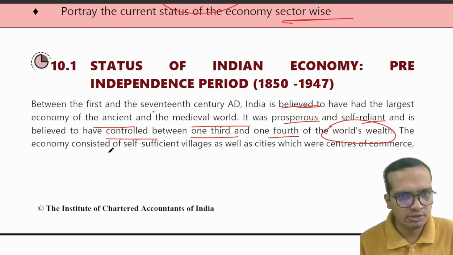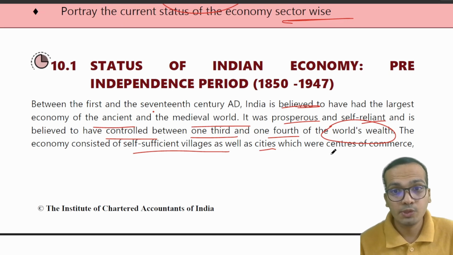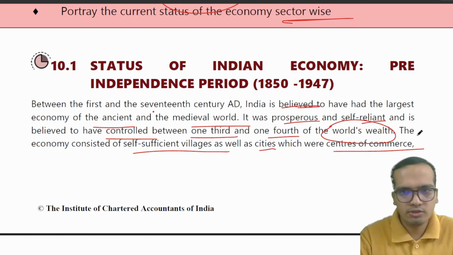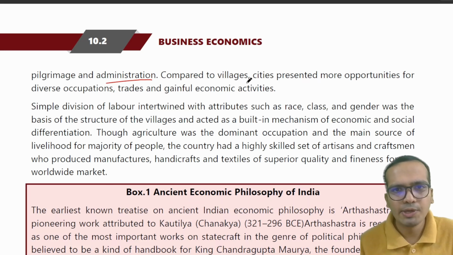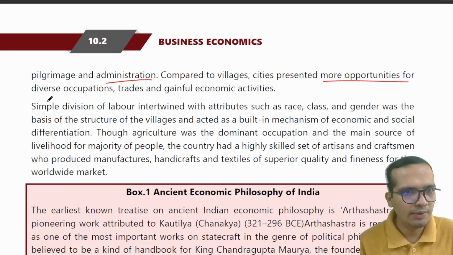The economy consisted of self-sufficient villages as well as cities which were centers of commerce, meaning where trade is happening, pilgrimage and administration. Compared to villages, cities presented more opportunities for diverse occupations, trades, and gainful economic activities.